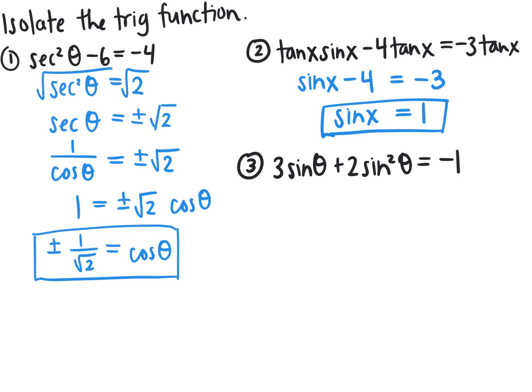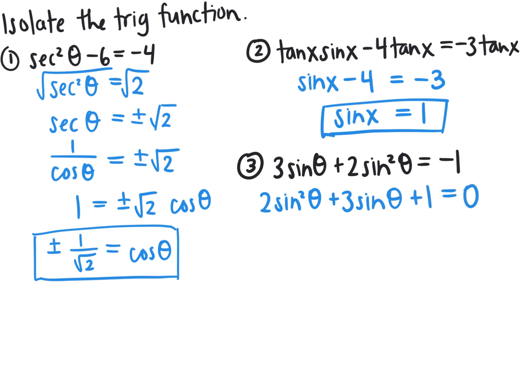I'm going to add the 1 to the left so that I have everything equal to 0, because I see that there's a squared and a not squared, so I think I'm going to be factoring. So first I'm going to write the sine squared term first, 2 sine squared, then the regular sine, plus 3 sine theta. And then the -1 was on the right, and I move it over to the left, so it's a +1.